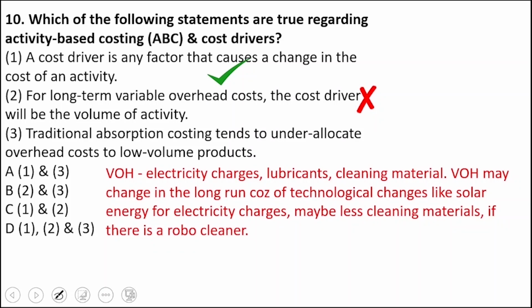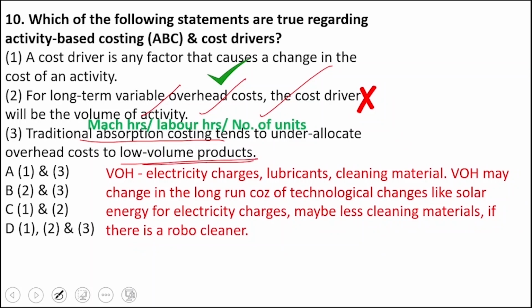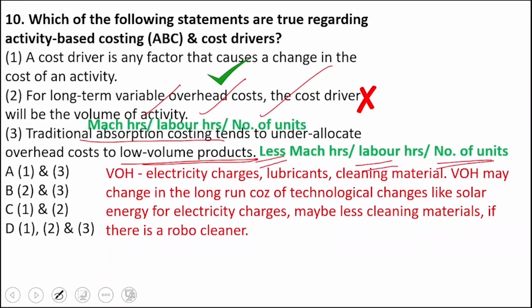Now moving to the third statement, traditional absorption costing tends to under-allocate overhead cost to low volume products. We know that under traditional absorption costing, overheads get divided based on machine hours or labor hours or simply based on the number of units, which means that for low volume products, that is goods which are produced in lower quantity, the machine hours will be less, the labor hours taken will be less, and the number of units produced will also be less.